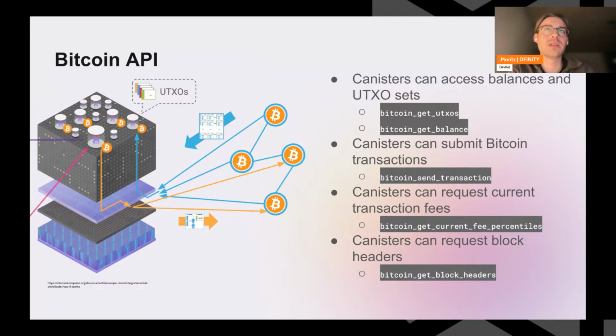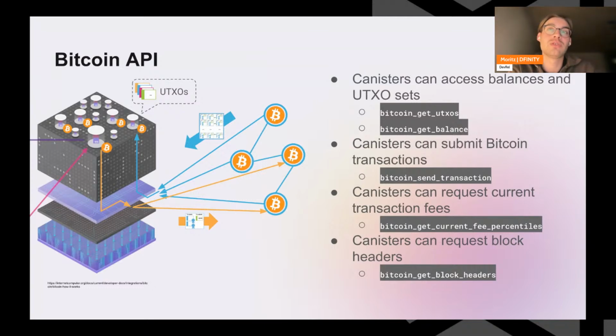But from a high-level perspective, a developer calls this Bitcoin get UTXOs function from the smart contract that they are developing. And the first method provides, as the name suggests, the UTXOs for an address. Second function, the Bitcoin balance for an address. Third function, Bitcoin send transaction, allows to submit a signed transaction to the Bitcoin network.